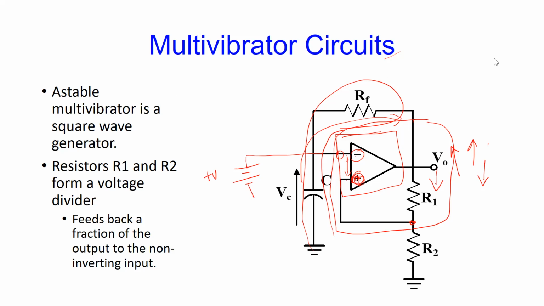So when I said basically turn on the power supply, once you turn on the power supply, this thing is going to go. It will start somewhere, but after that it's just going to go positive, negative all the time.